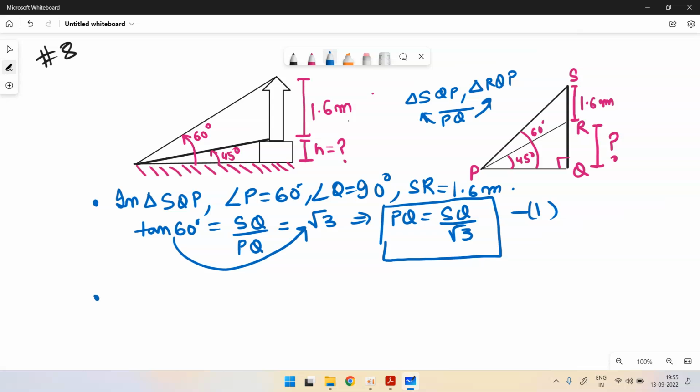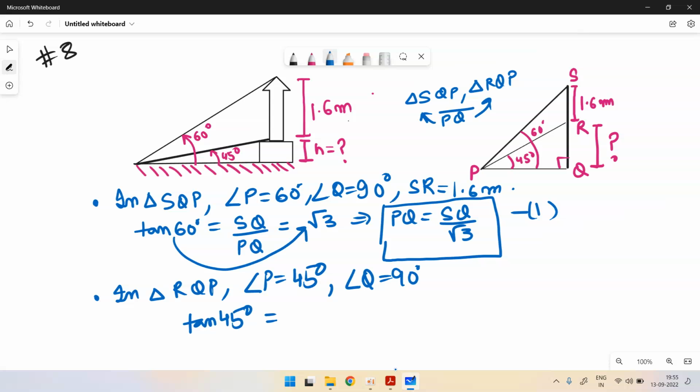Next, in triangle RQP, you know that angle P is 45 degrees, angle Q is 90 degrees, and this much is given to you. Now tan of 45 degrees is RQ by PQ.